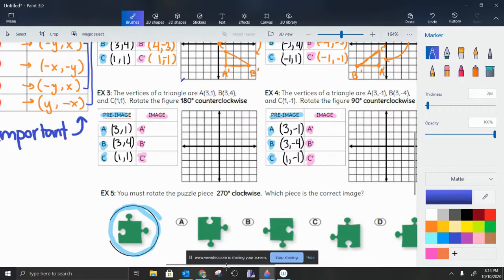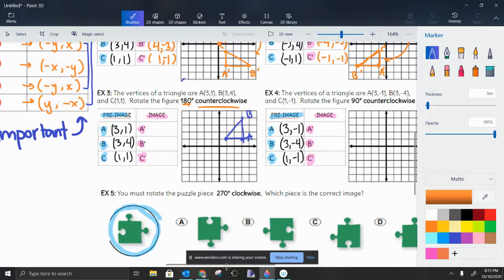So A is at 3, positive 1. So there's A. B is at 3, positive 4. So there's B. And C is at 1, 1. So there's C.